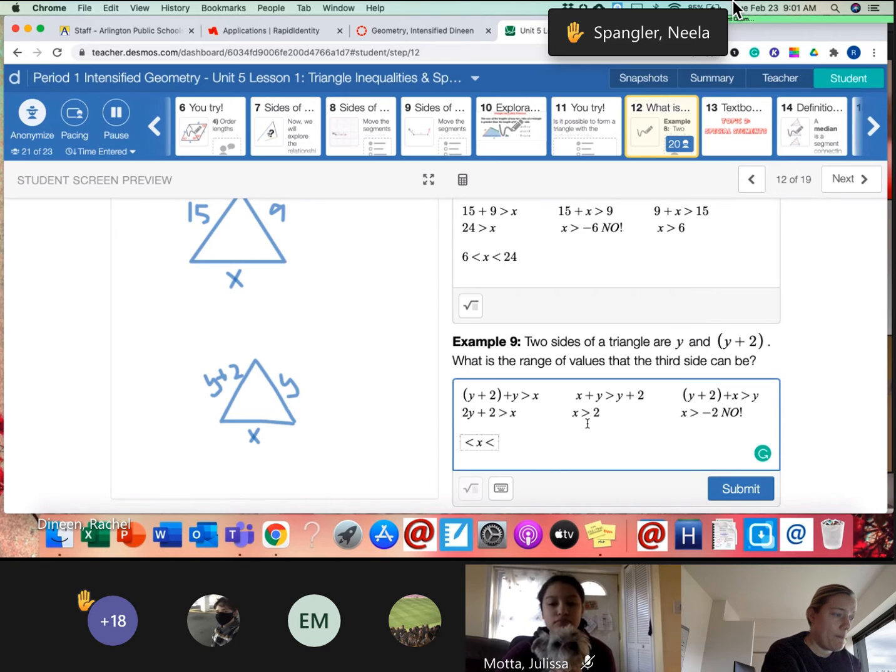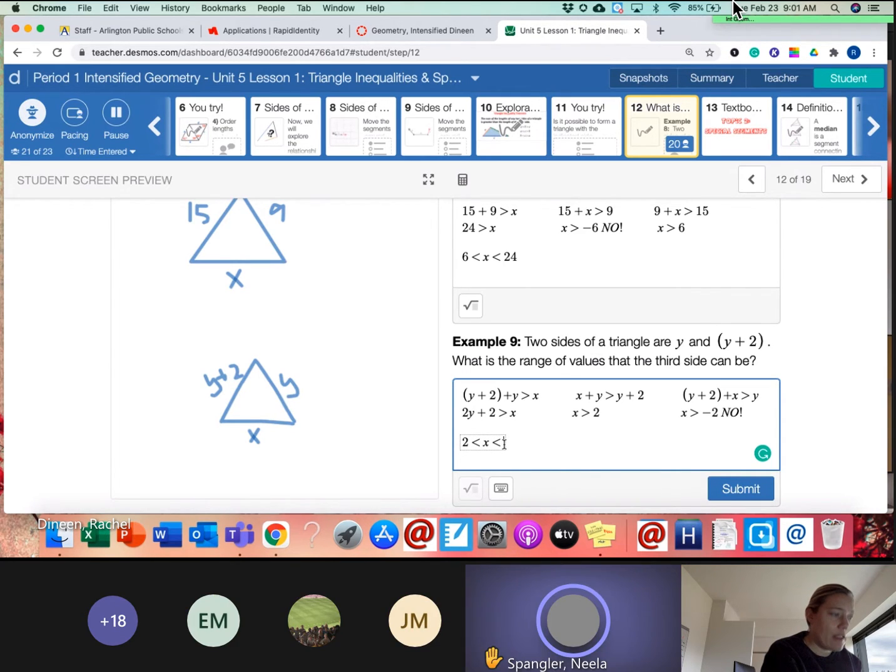Yes, Neela? 2y plus 2. And then 2y plus 2? Yeah. Yep, because if you look here, it is not opening on the x. And look right here, it is not opening on the x. Okay, so that would be the range of the third side.